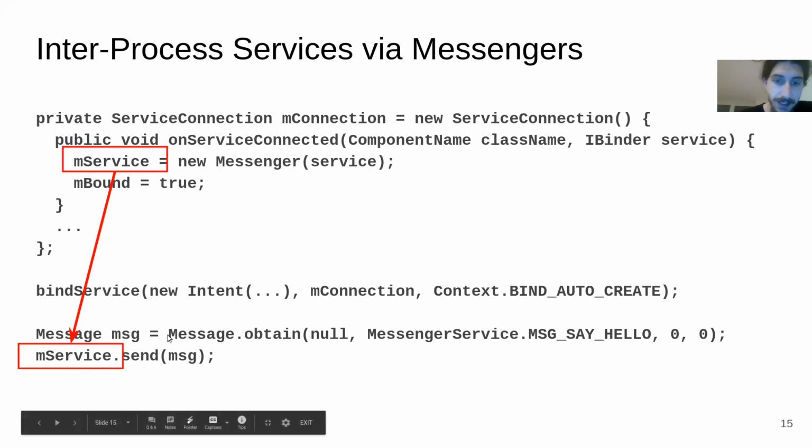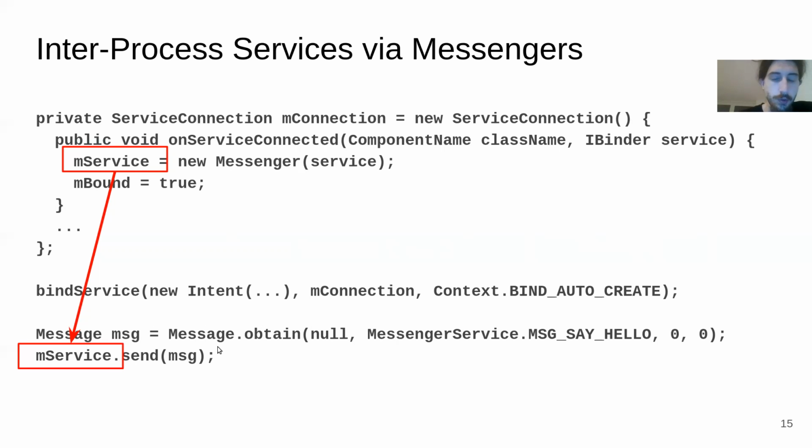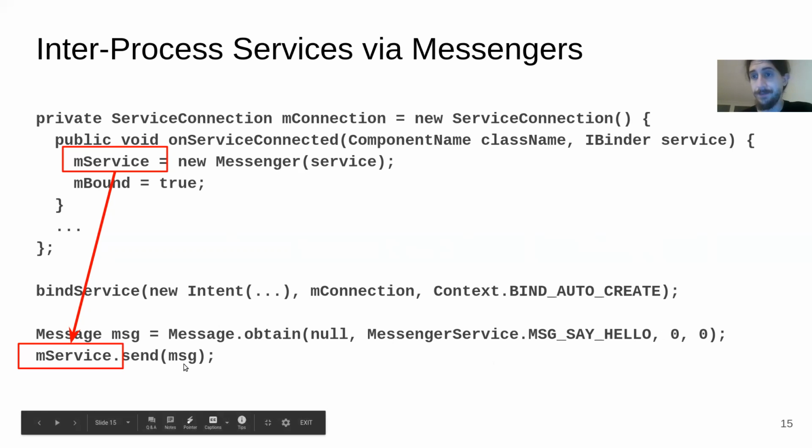First, you define a message by using Message.obtain. There are some arguments in the documentation, and you can define a message, for example, of type MSG_SAY_HELLO. These are just numeric things. Once you get this message, you can do mService.send and the message.